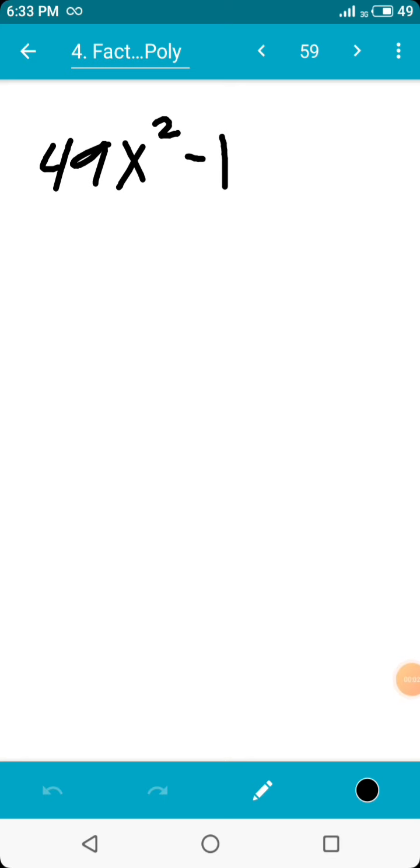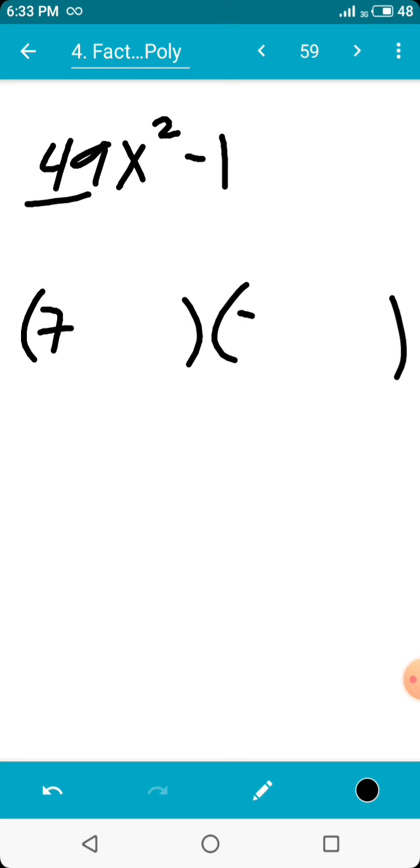Okay, so kunin naman natin yung factor ng 49x squared minus 9. Okay, so kunin natin yung square root ng 49 and that is 7. Square root ng x squared ay x. And then yung square root ng 1 ay 1. So just put the addition and subtraction sign. Okay, so yan yung factors nila. And then let's check.